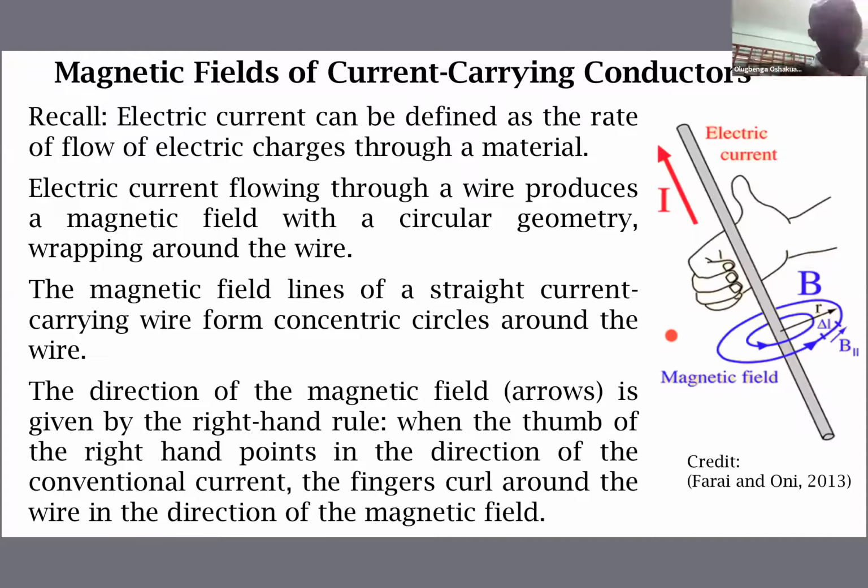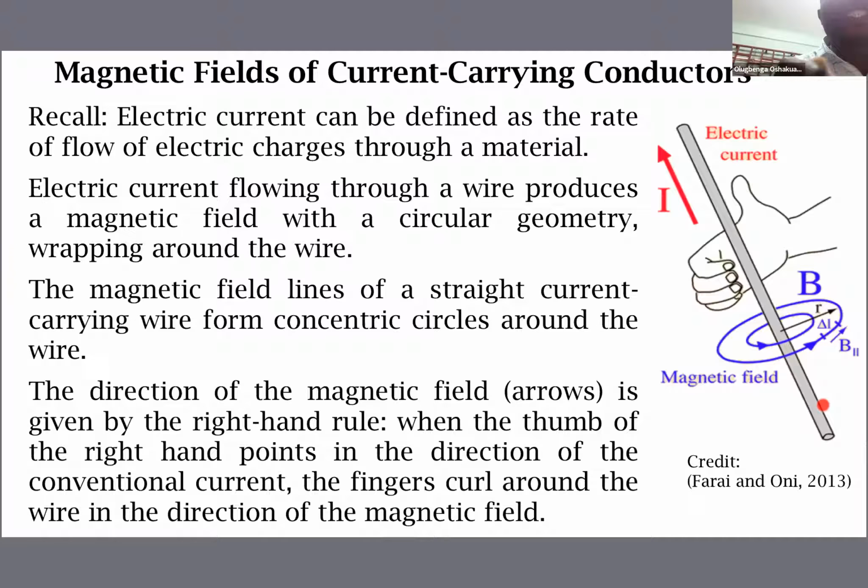So the figure we have here is showing a conductor in which current I is flowing in the direction of the arrow. And for the fact that current is flowing, it means electric charges are in motion.